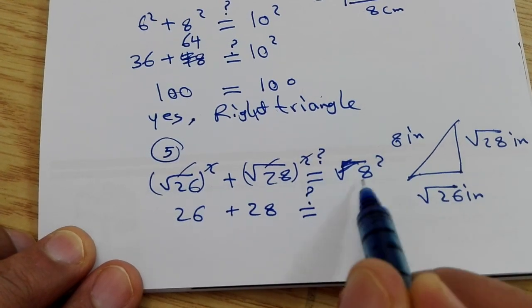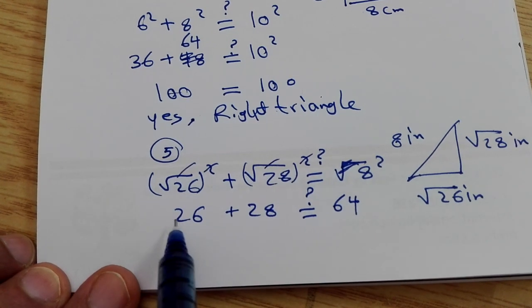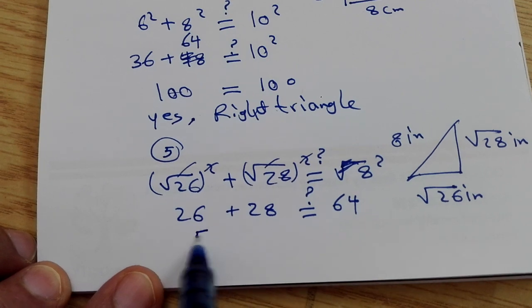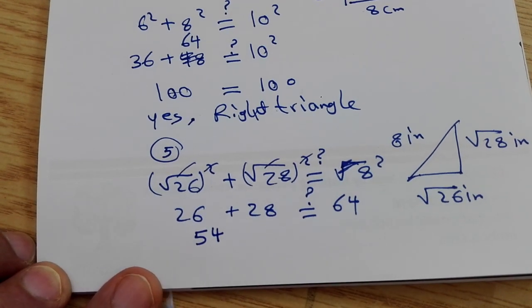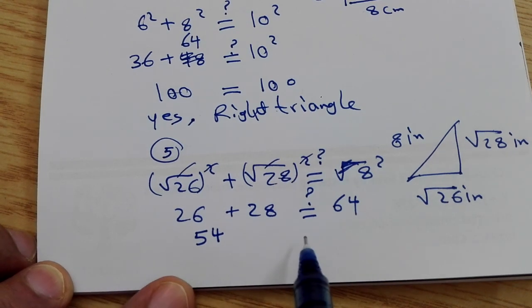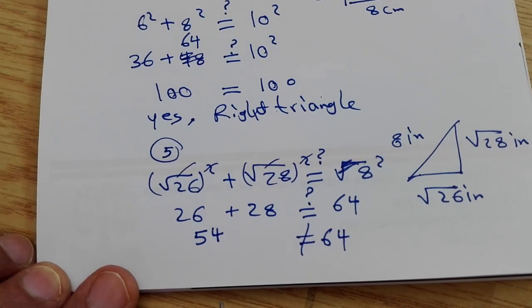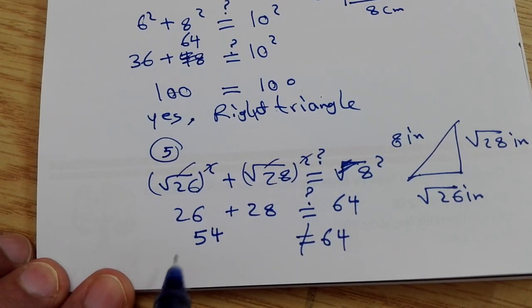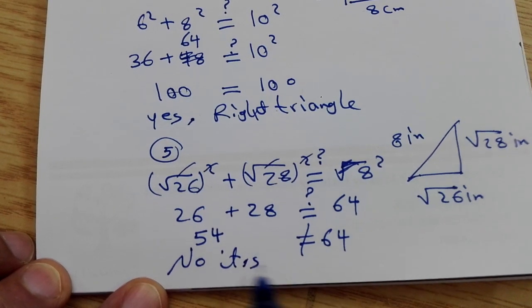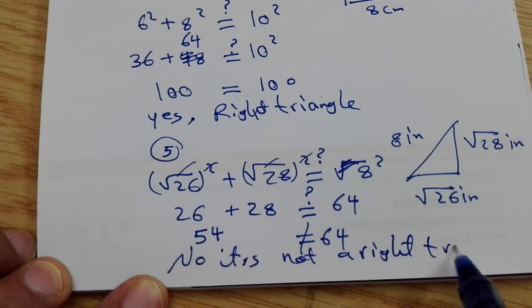Is this equal to 8 squared, which is 64? Add now. What's 26 plus 28? It's 54. Is this correct? Of course, 54 doesn't equal 64. So is this triangle a right triangle? No, it's not a right triangle.